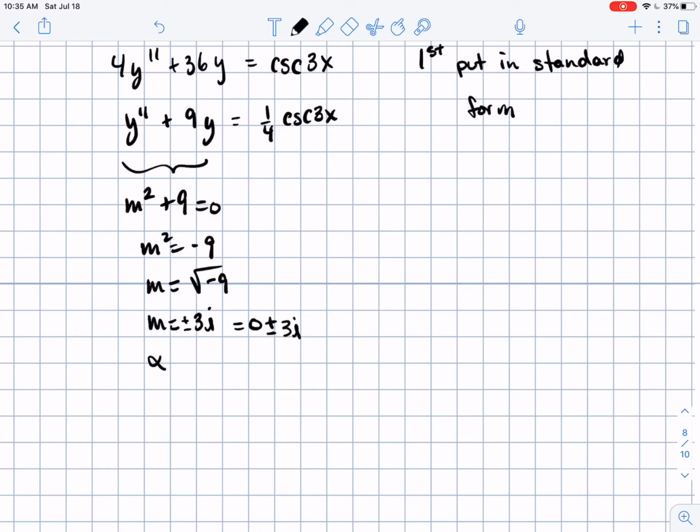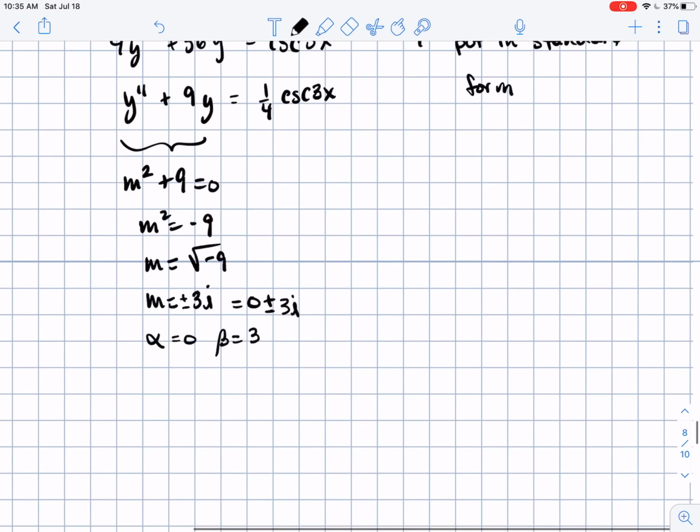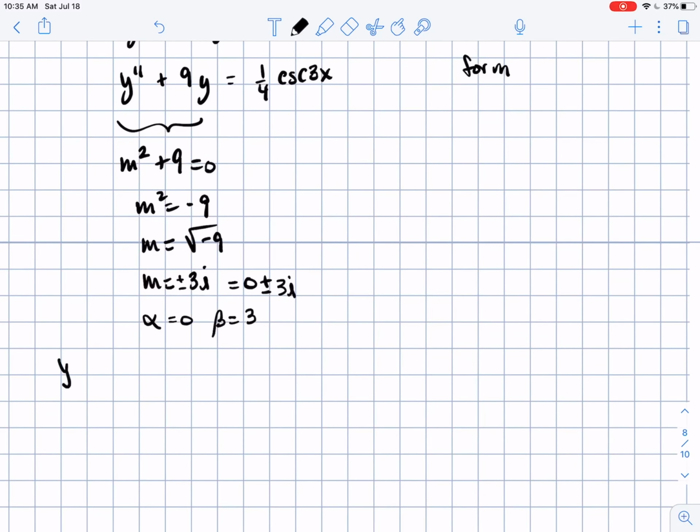So our alpha is going to be 0 and our beta is going to be 3. So really what you get, y sub c is going to be e to the 0x, which winds up being 1, then you have c1 cosine 3x plus c2 sine 3x.